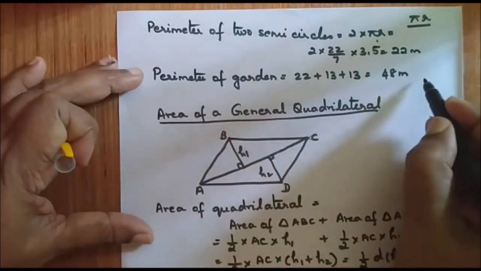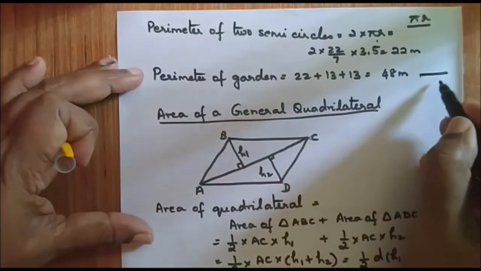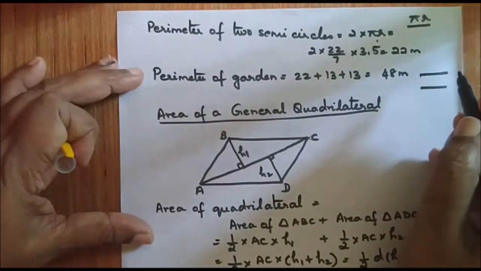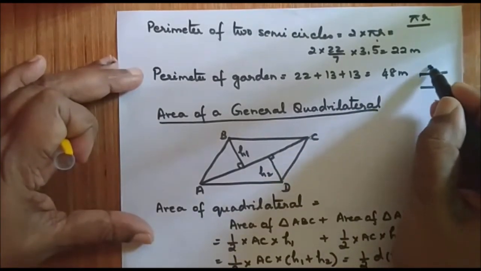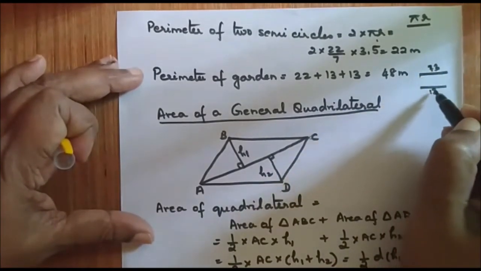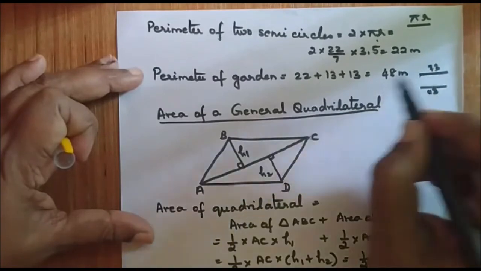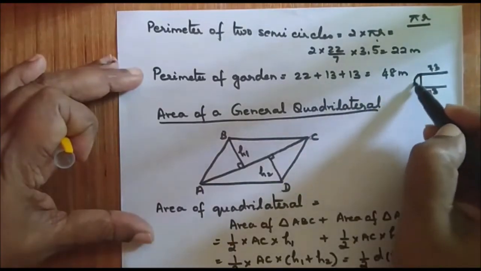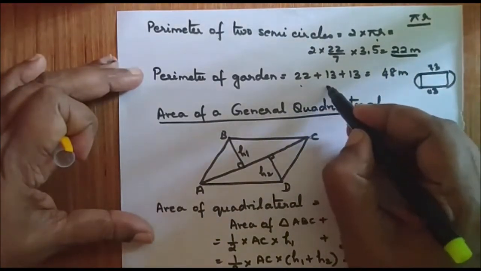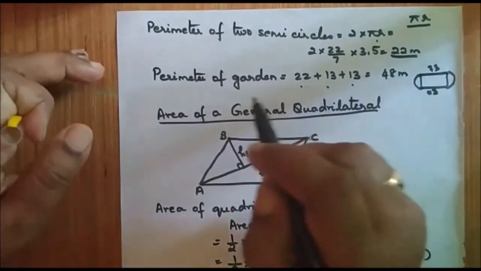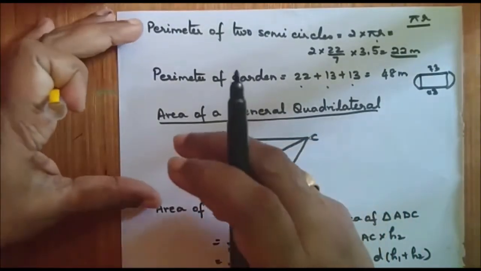Perimeter of the garden. How do you get perimeter of the garden? This side is 13, this side is 13 because 20 minus 7, isn't it? That is only the rectangular part. 13 and 13, with that the perimeter of the semicircles, that is 22. So 22 plus 13 plus 13 is equal to 48 meters. I hope you understood this.